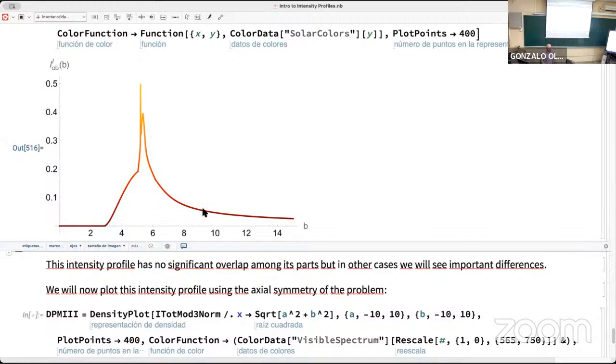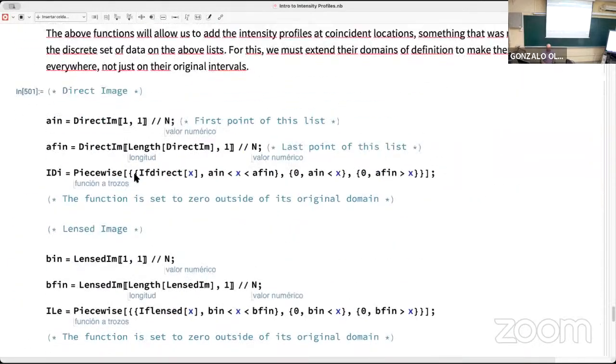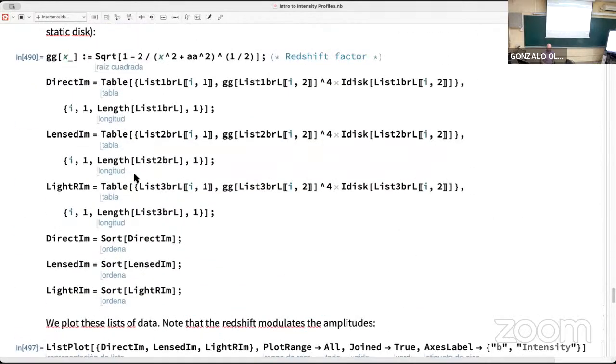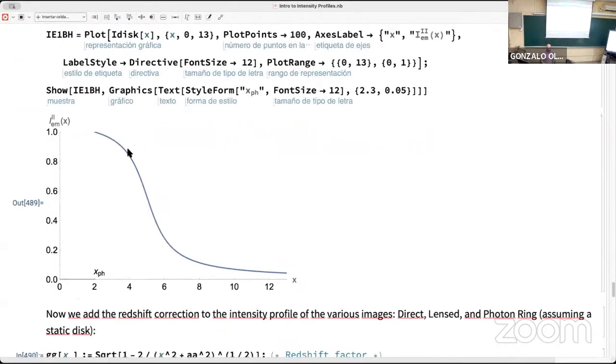You can see this region, the innermost region, is not the brightest. Remember that the intensity profile was highest in the internal region, but also there the redshift factor is bigger. At the horizon, the redshift factor is multiplied by 0, so you don't see anything.